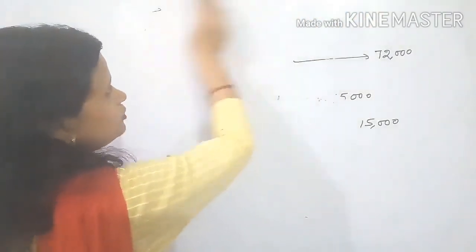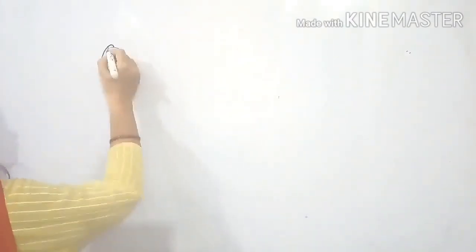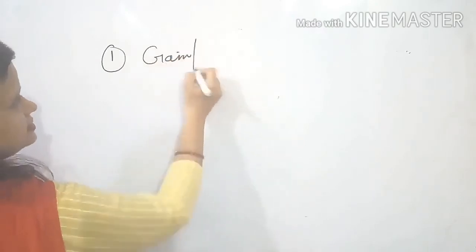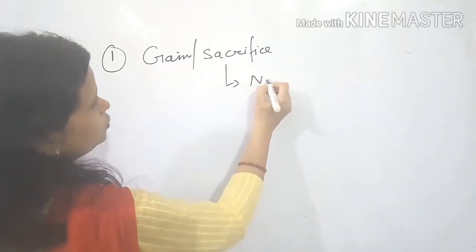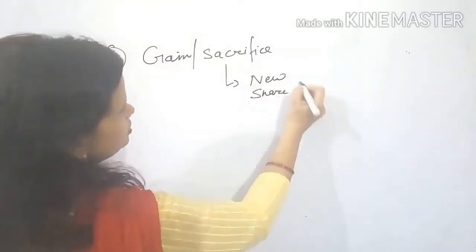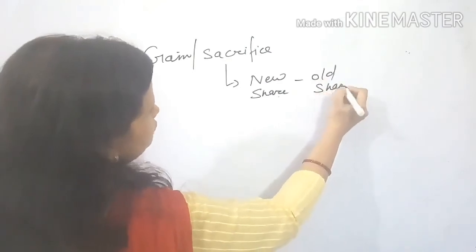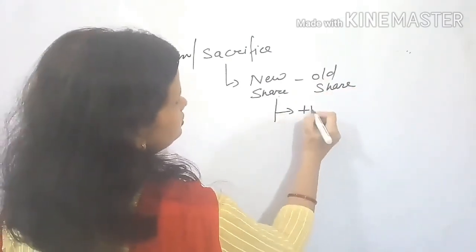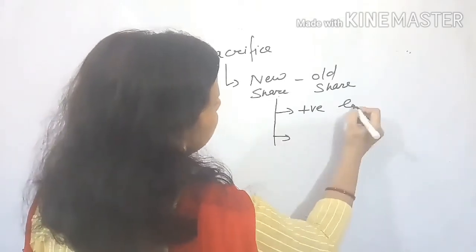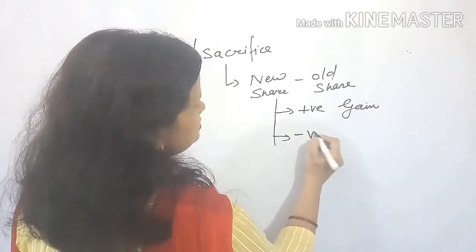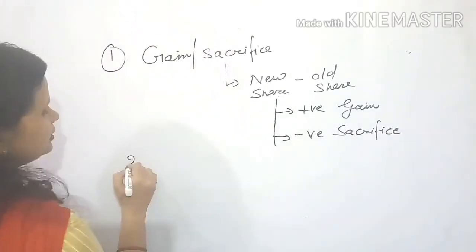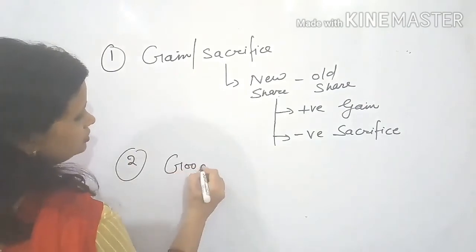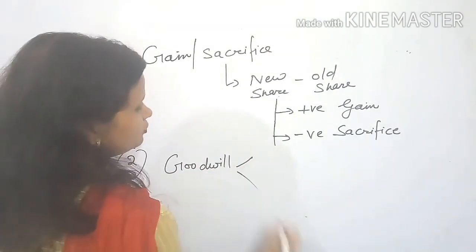So in this module we have studied two topics. First one is the calculation of gain and sacrifice. The simple formula that you have to remember: new share minus old share. If the result is positive, it is a gain. If the result is negative, it is a sacrifice. Second, the accounting treatment of goodwill. Two types of goodwill.